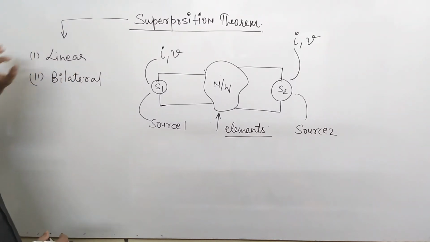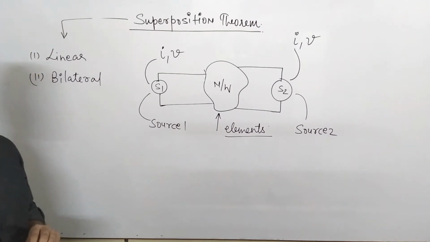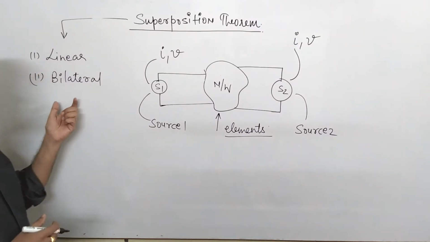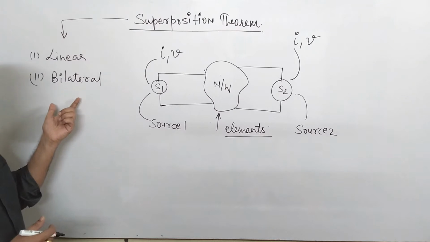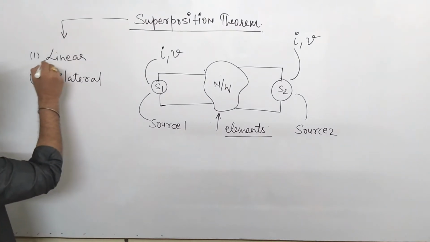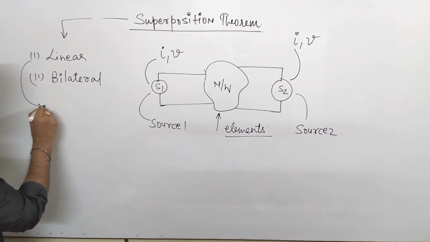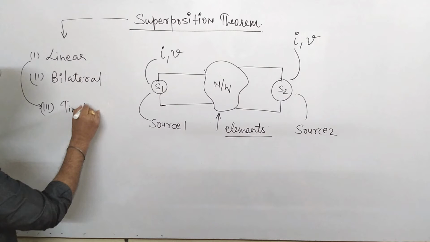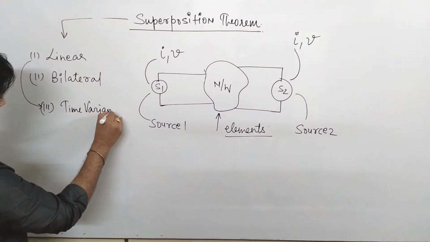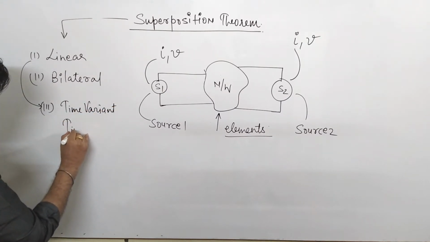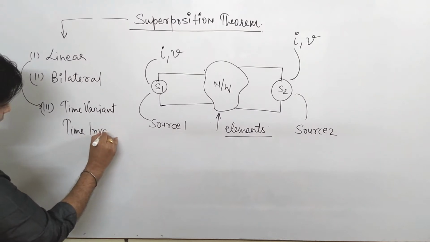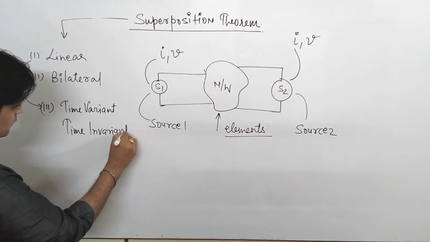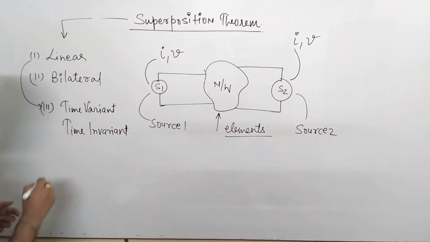We have already studied linear networks and bilateral networks. Third, a linear network may be of two types: time variant or time invariant. In this condition also the superposition theorem is applicable.